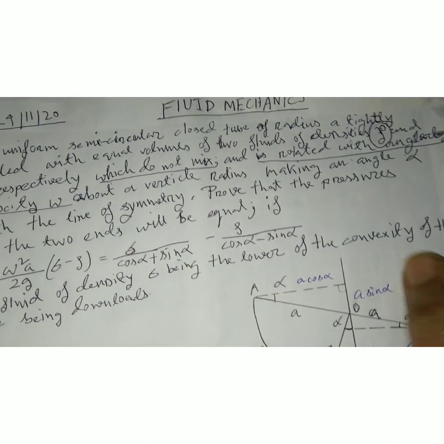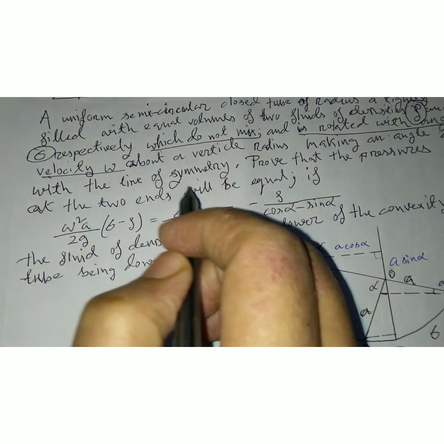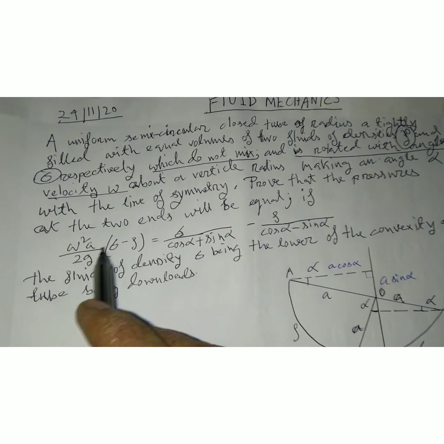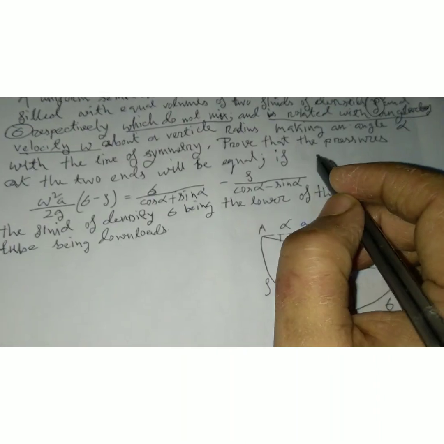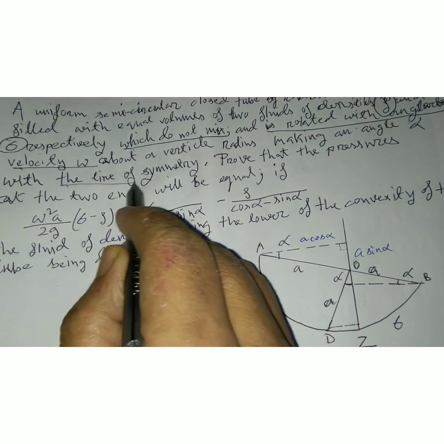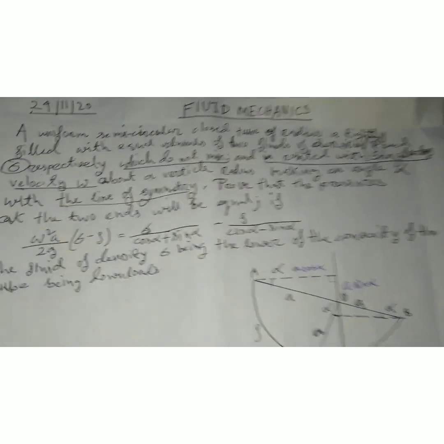Prove that the pressures at the two ends will be equal if the pressures at the line of symmetry, it is also important, mark it, radius making an angle alpha.